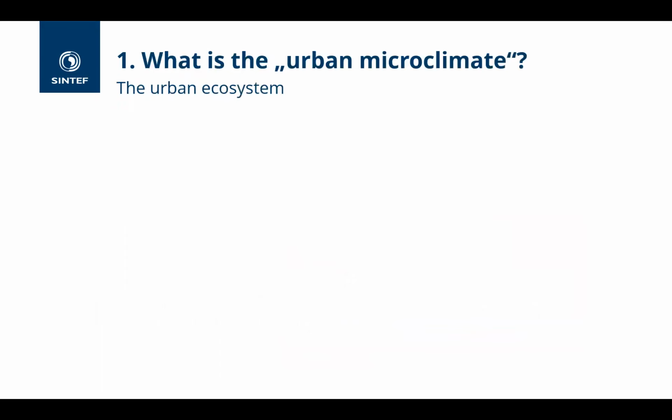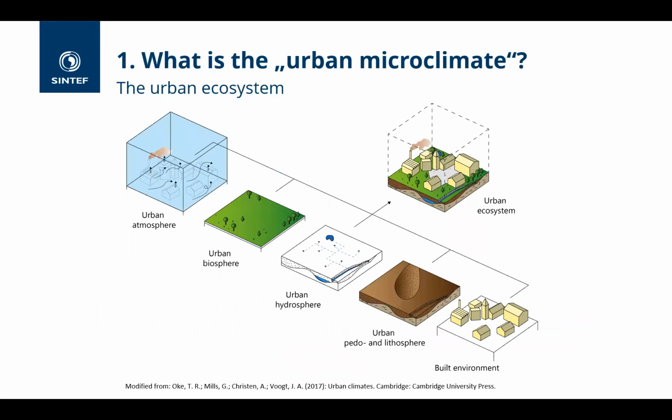But what makes the urban climate or urban microclimate actually that special? You have to know that the urban ecosystem is extremely complex and is quite different from the natural landscape. This is on the one hand because of the quite reduced urban biosphere. We've seen in Silvia's presentation that usually urban landscapes are quite gray.